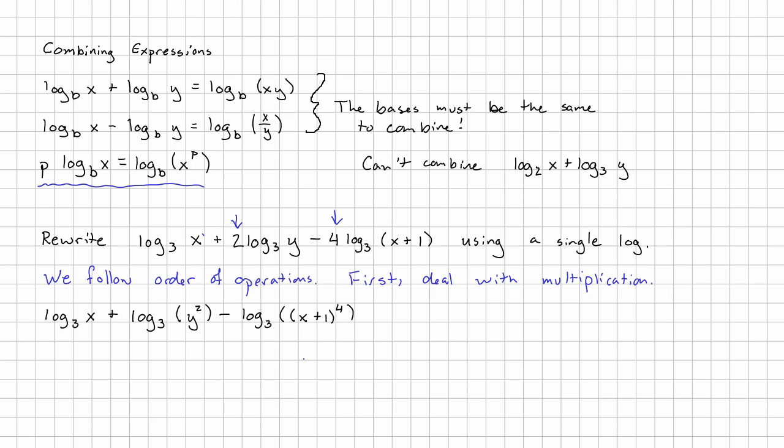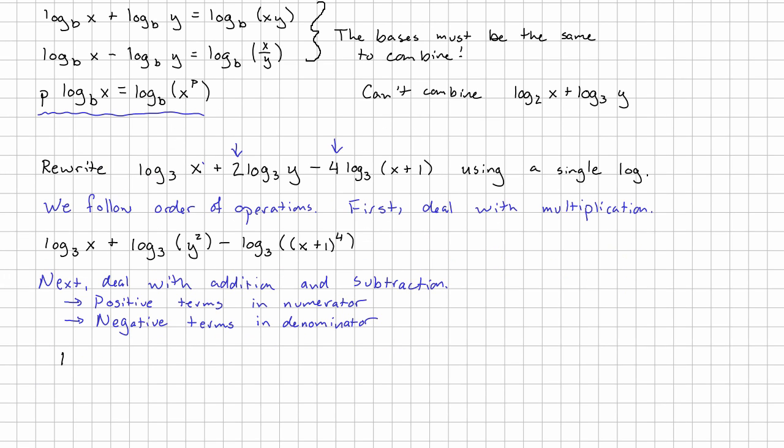Okay, so we've dealt with the multiplication. Now we'll deal with addition and subtraction. Now we saw before that the factors of the numerator become positive terms. The factors of the denominator become negative terms. So we'll use that now. Everything that comes from a positive term will go in the numerator.